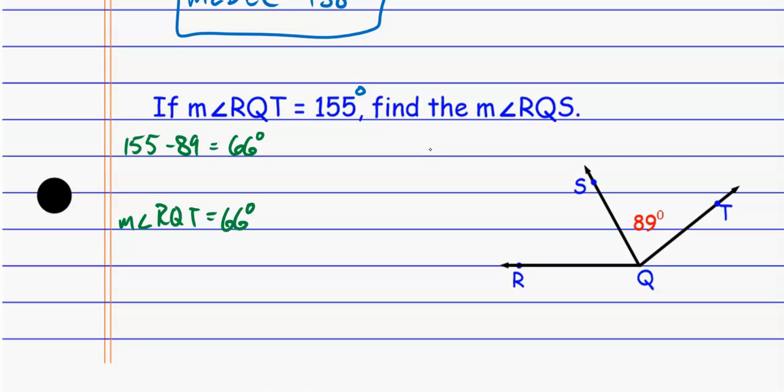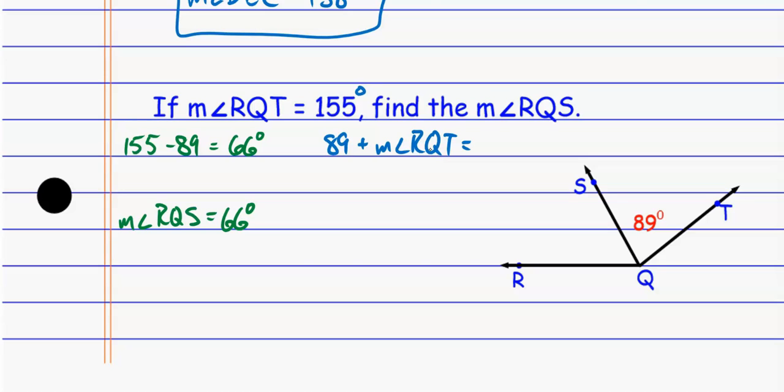The other option is to, again, just walk through the angle addition. We say, hey, the smaller angles, which is the angle that's 89, plus the next angle, which is that RQT, should equal the whole angle, which is RQS. Oh my, labeling.